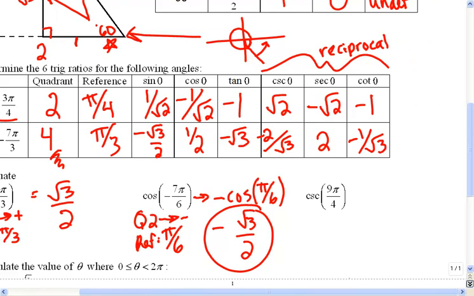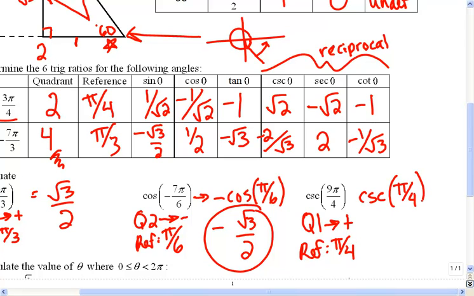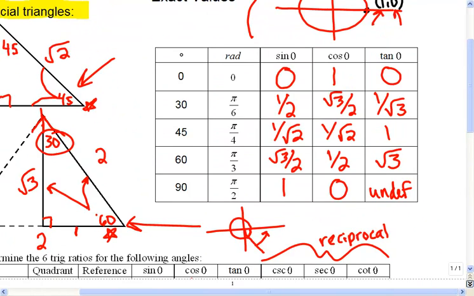So for this one, similarly, 9 pi over 4, this is quadrant 1. So it's going to be a positive. The reference is going to be pi over 4. And that means I could rewrite this as, well, no change in sign, but the cosecant of pi over 4. Pi over 4 is also known as 45 degrees.